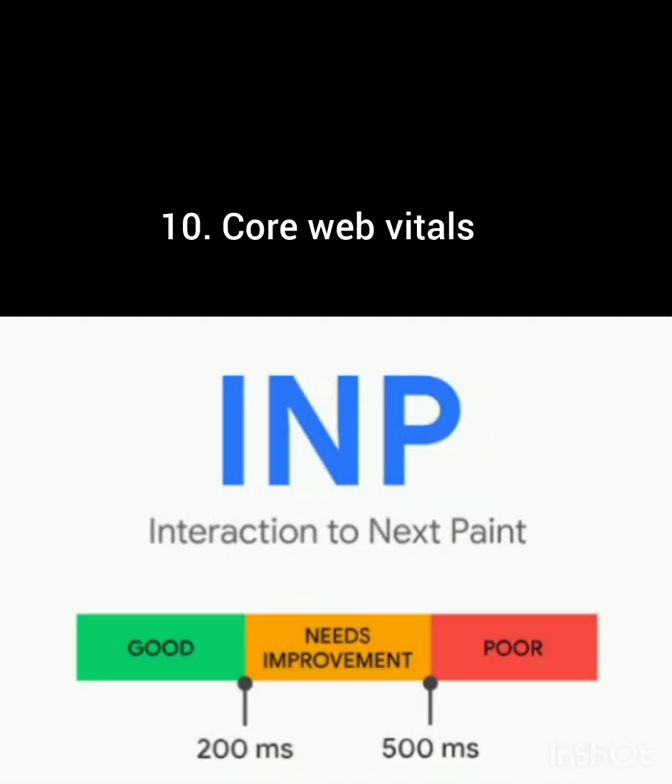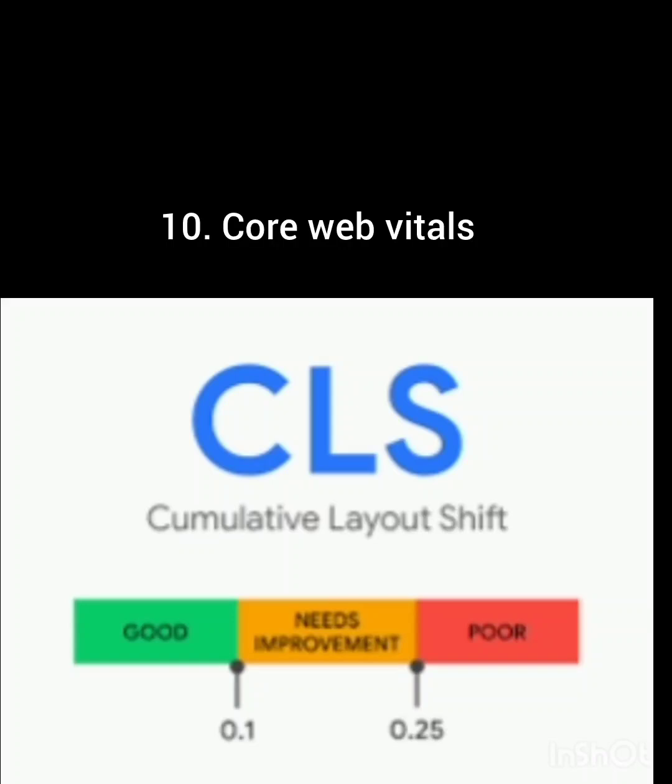Then is INP, Interaction to Next Paint, which measures interactivity and responsiveness when a user clicks or takes action on your web page. So your website should be very interactive and very responsive. Number 3 is CLS, Cumulative Layout Shift, which measures the visual stability of your web page or website.